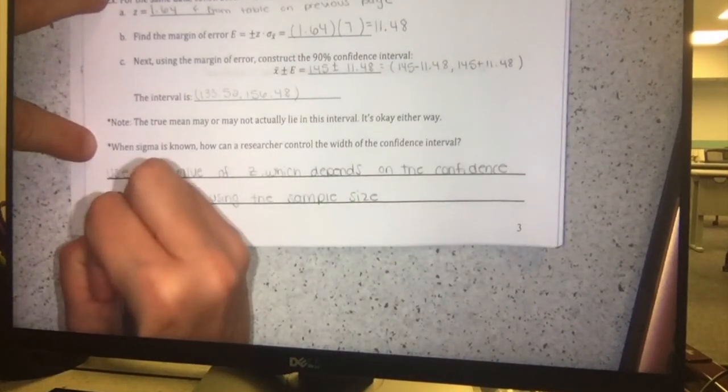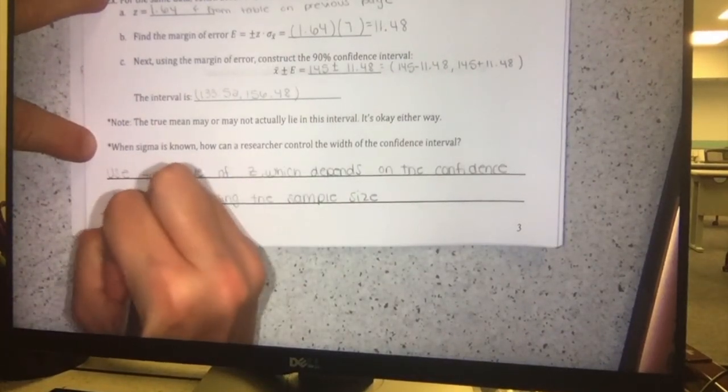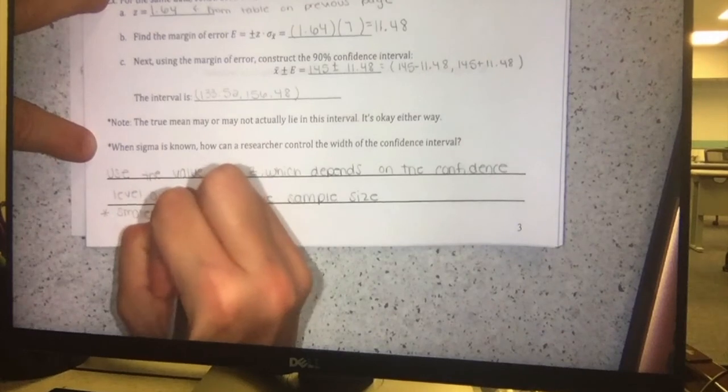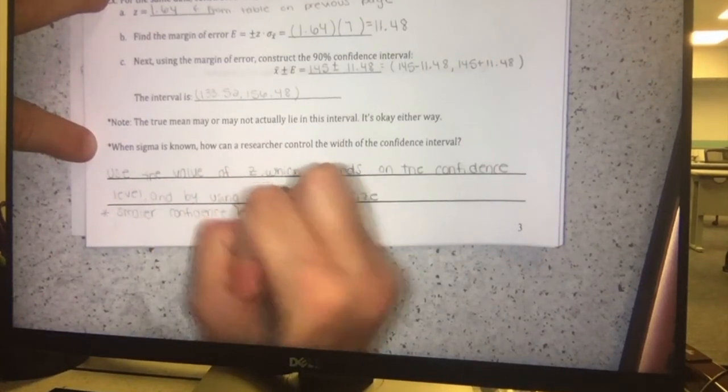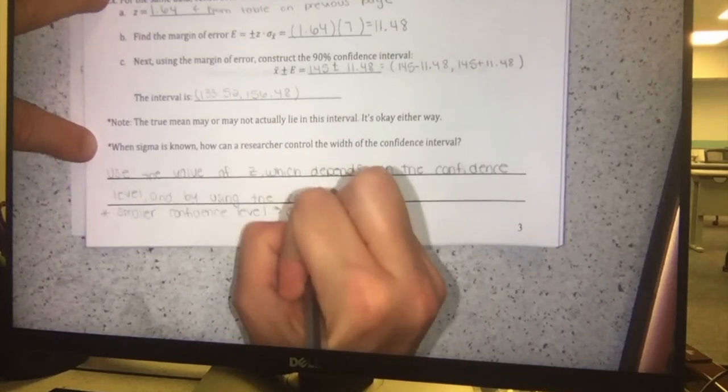So if we have a smaller confidence level, that's going to be a smaller interval.